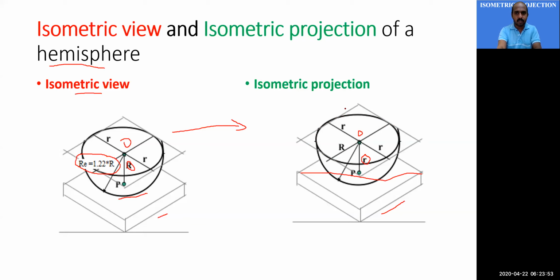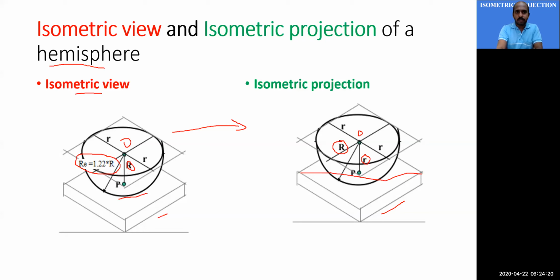Then you can draw the circumference of the hemisphere with capital R, the original radius, as the radius.